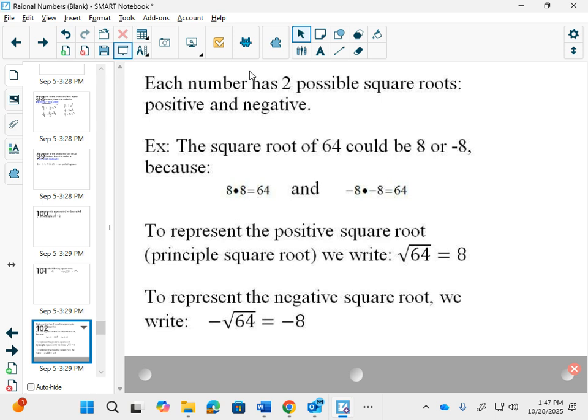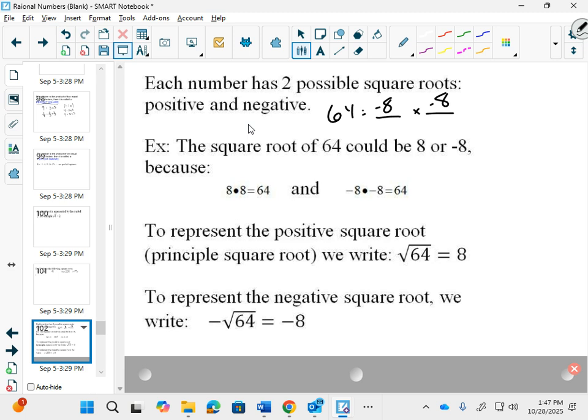Now, technically, if I put this as a question for you, 64 equals what times what, there's actually 2 possibilities. It could be 8 times 8, but it could also be -8 times -8, because a negative times a negative is a positive.